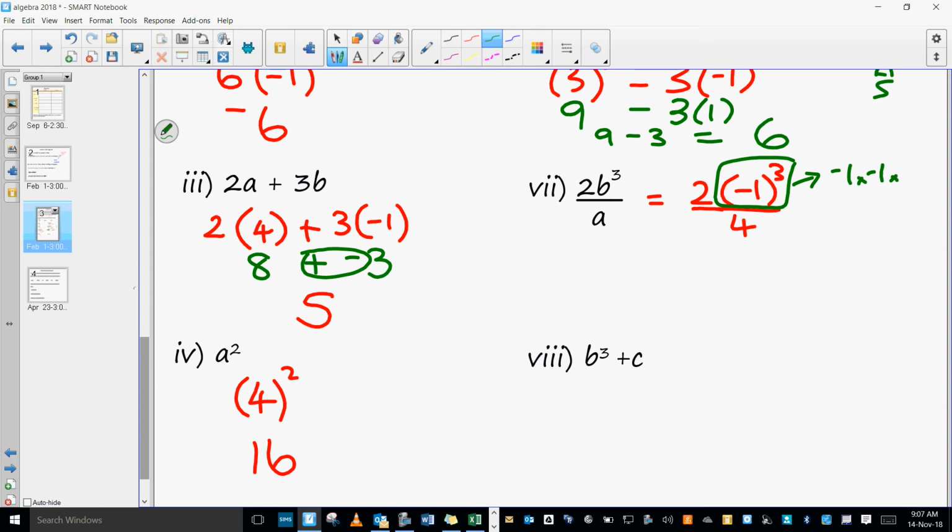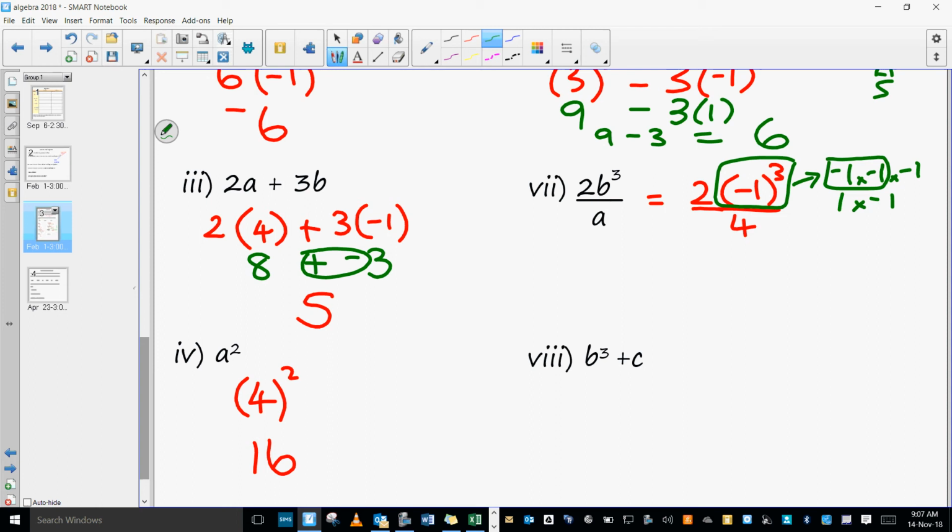So we've got negative 1 multiplied by negative 1 multiplied by negative 1. Let's do one at a time. Negative 1 multiplied by negative 1 we know is positive 1, yes? But now we've got positive 1 multiplied by negative 1, so our answer is going to be negative 1.